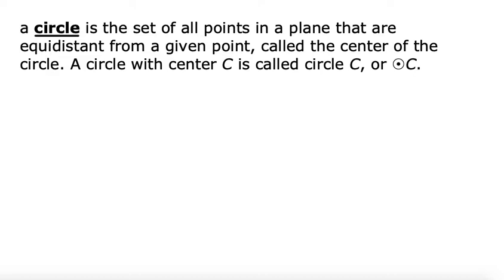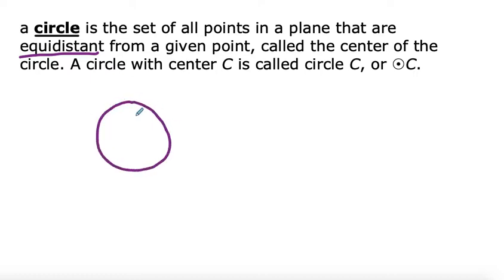A circle is the set of all points in the plane that are equidistant from a given point, called the center of a circle. So when it says equidistant, that just means equal distance, so kind of how it sounds.